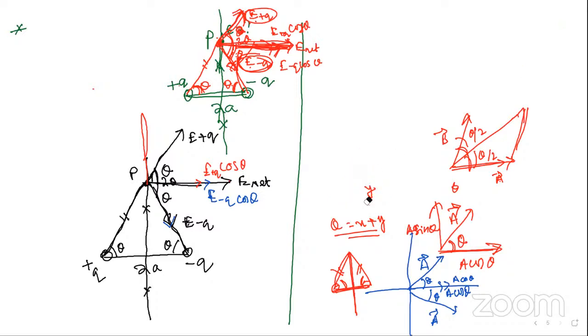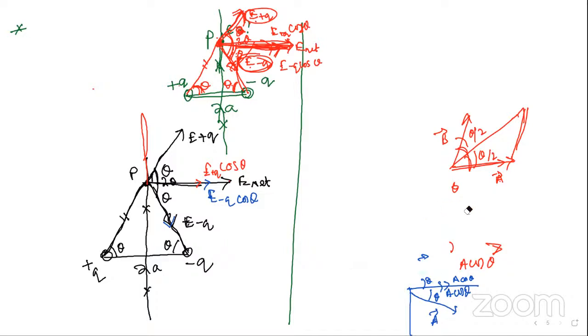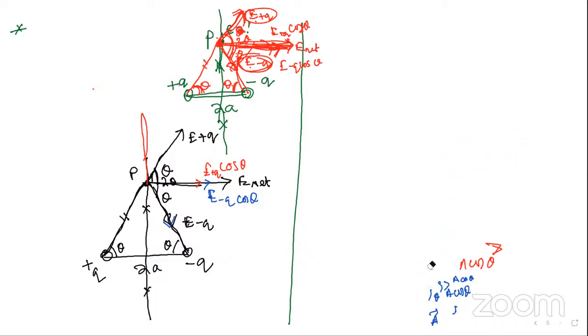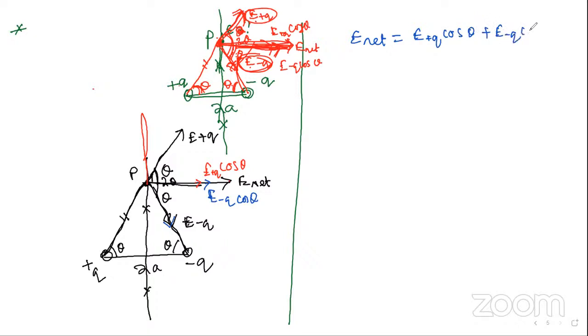Are you getting? So E net is E plus Q cos theta plus E minus Q cos theta. Clear?